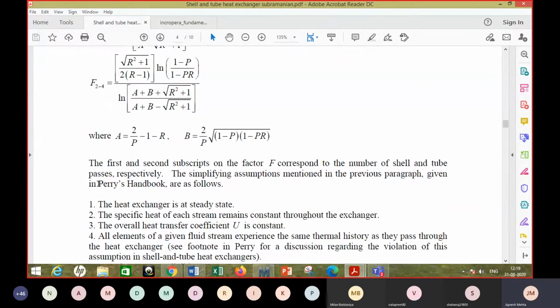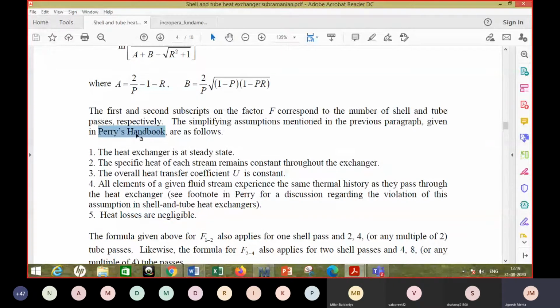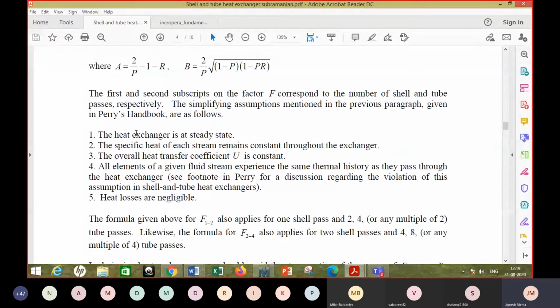And here one handbook is mentioned, a data book, which is a kind of Bible or Gita for chemical engineers, right? Perry's handbook. They use it very frequently. It is basically a data book which gives the formulas as well as many tables.